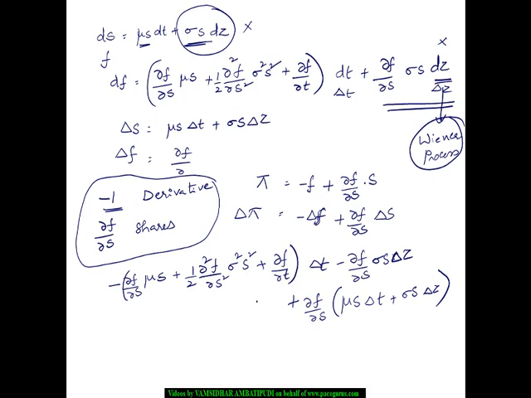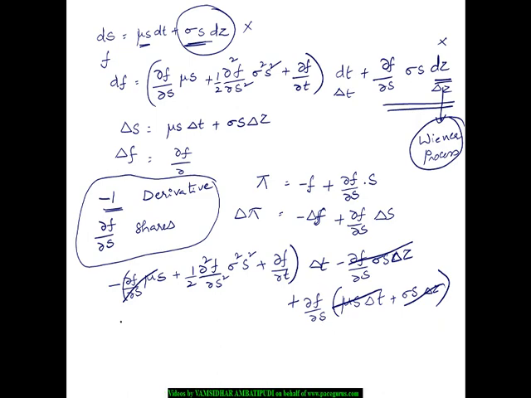Now what things are getting cut off? If I am looking at dou f by dou s mu s delta t, this part is going off. Similarly, dou f by dou s sigma s delta z, even this is going off.